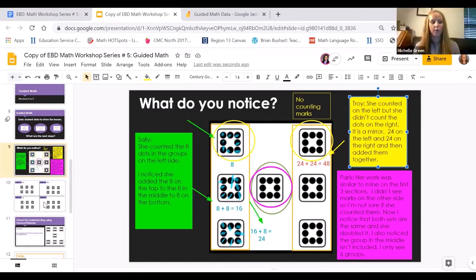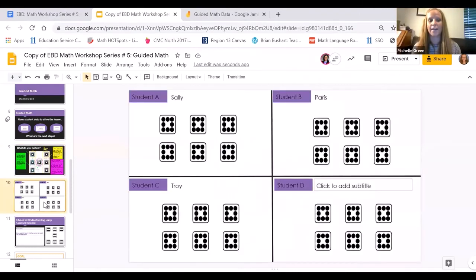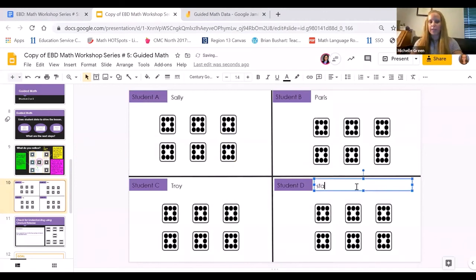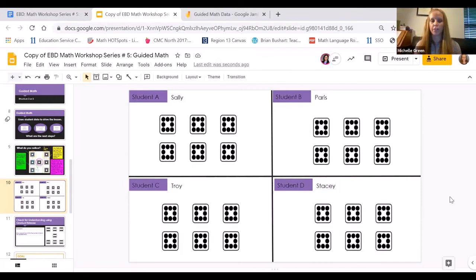Okay, so here's what I want you to do. I have a work mat. And Stacy, I'm going to ask you to join in because we did notice that you did some great strategies, but I want to see if you can give me another strategy. Okay, Stacy? So Sally, Paris, Troy, and Stacy, you all have a spot on the screen. And what I would like for you to do is use the tools up here in Google Slides on Insert.